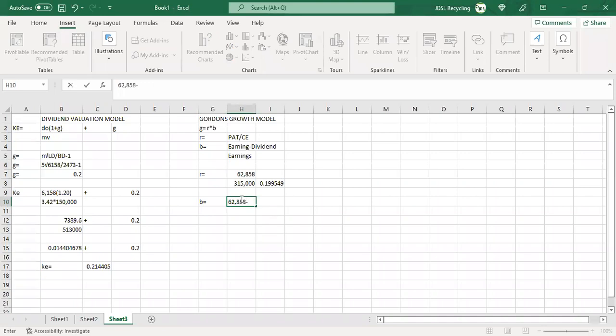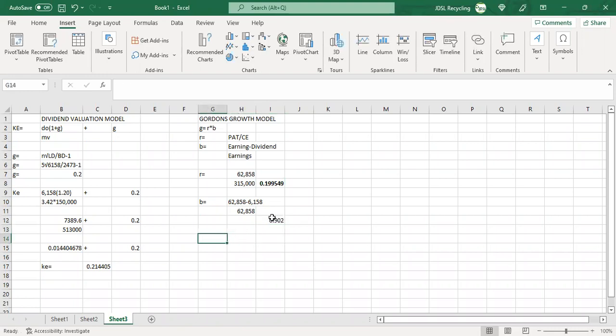62858 minus dividend. What's our current dividend? We have 6158. 6158 divided by earnings, 62858. Figure it out, what will be our B? 0.902.